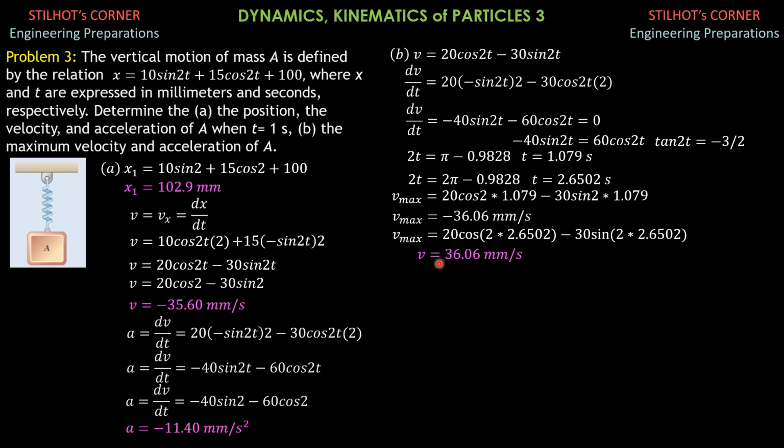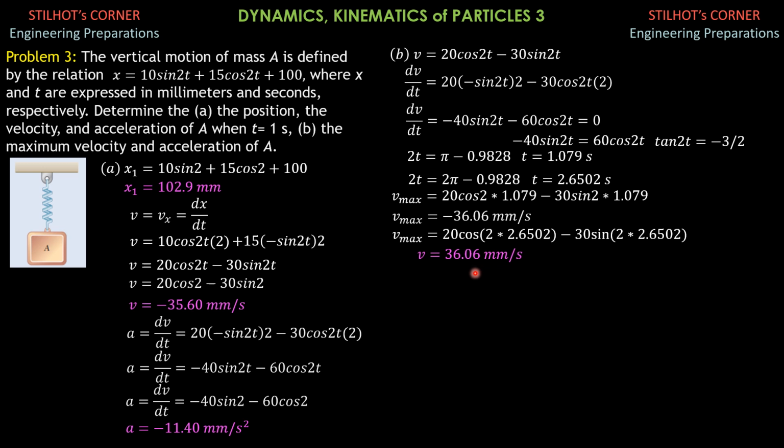But I'll make this the answer because it is positive. Although velocity, because it is a vector, can be positive or negative. But the magnitudes are the same, so let's have that as the final answer.